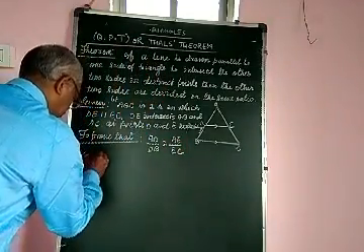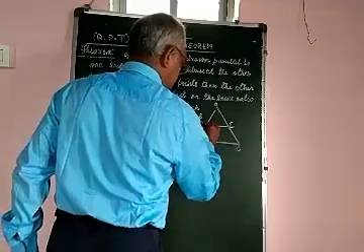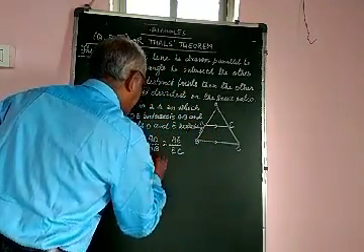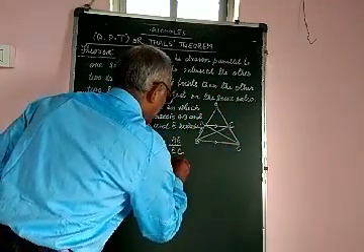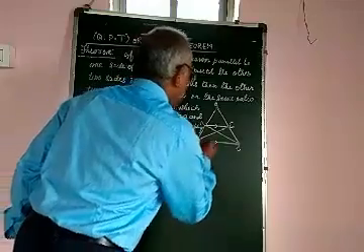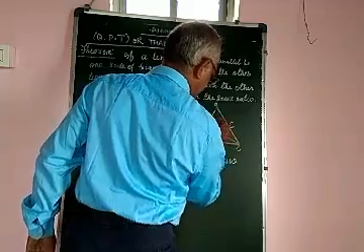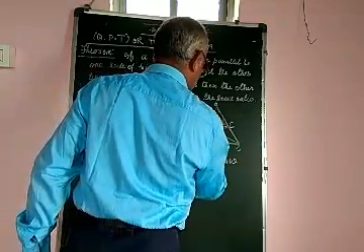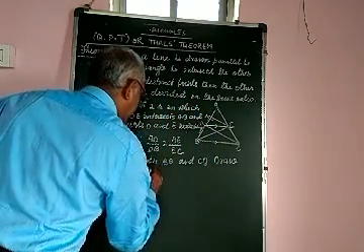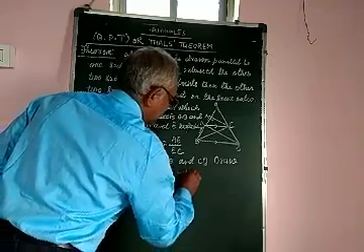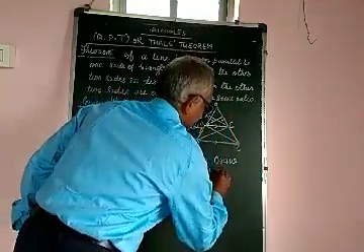Now construction. Join BE and CD, and draw EM perpendicular on AB and DN perpendicular on AC.